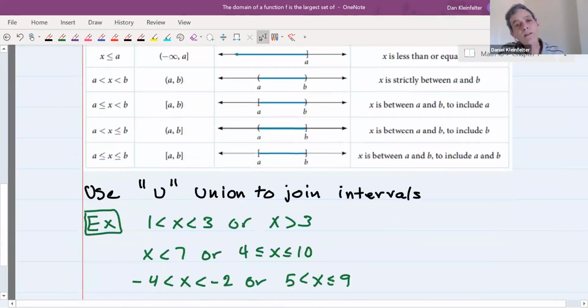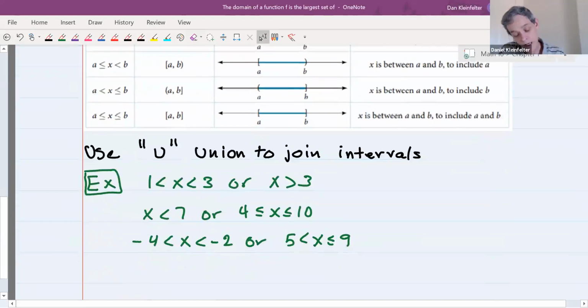Sometimes we'll need to hook together 2 intervals to make up one set of numbers. And to do that, we use the U or union symbol to do it. So let's say that we wanted to think about the numbers that satisfy this statement. 1 is less than x, which is less than 3, which means x is between 1 and 3, not including 1 or 3.